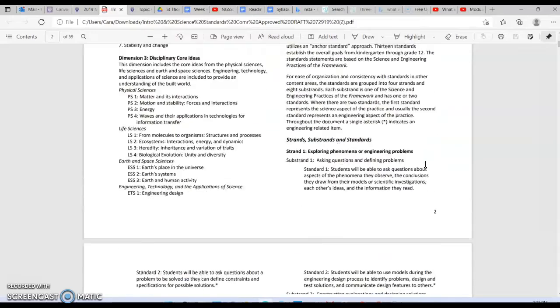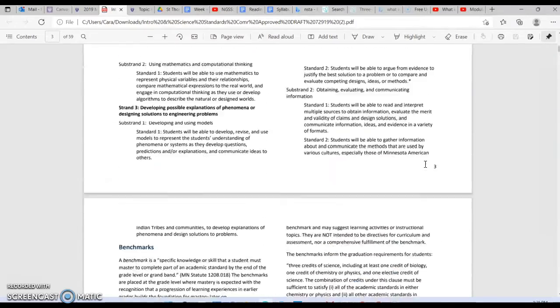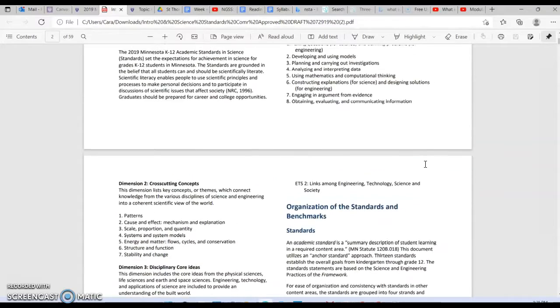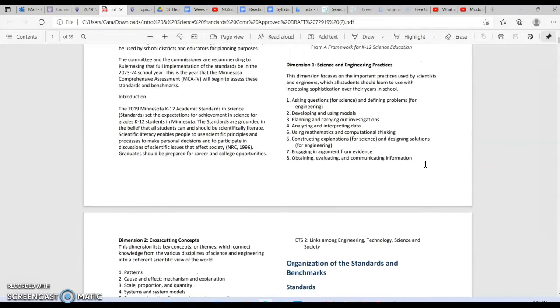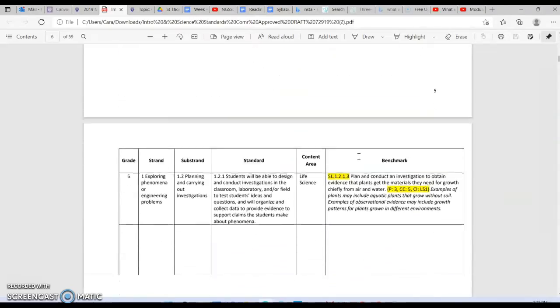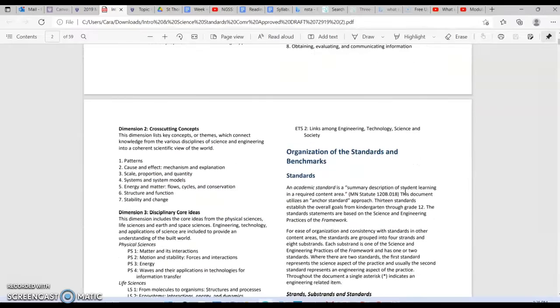So it was P3. So P3 corresponds with process. So that standard focuses on planning and carrying out investigations. It was CC5, cross-cutting concept 5.